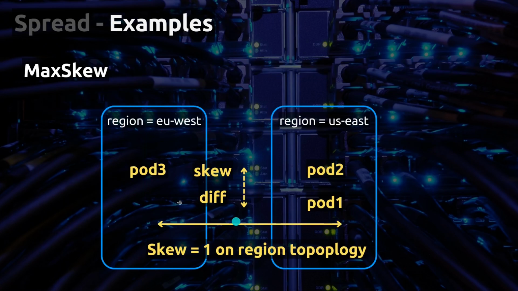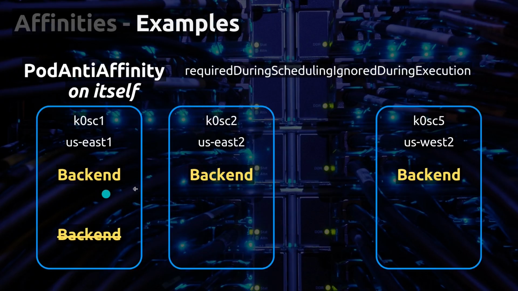So this is where the MaxSkew is really, really useful if you want to mitigate that and to have, for example, 2 backend on each node. Or not exactly, not 2 backend on each node, but more to say, okay, I want to have a difference between my topology, so that depends on the node maybe.